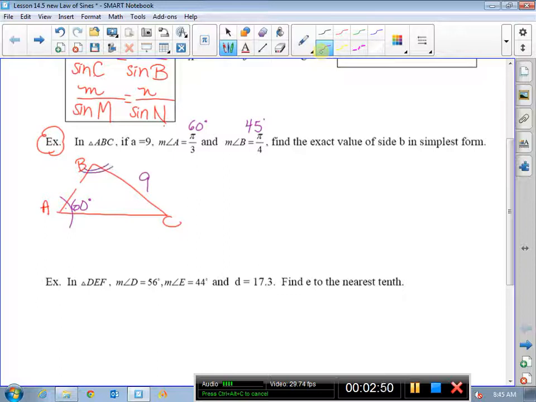Then find the exact, so watch out for a radical answer, exact value of side B in simplest form.